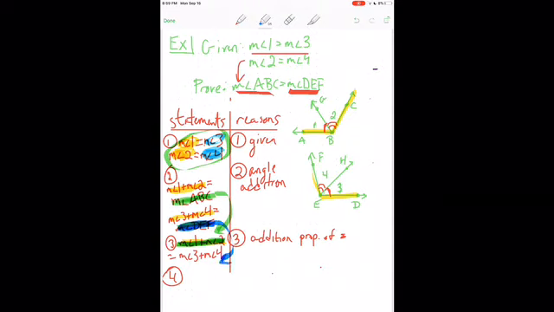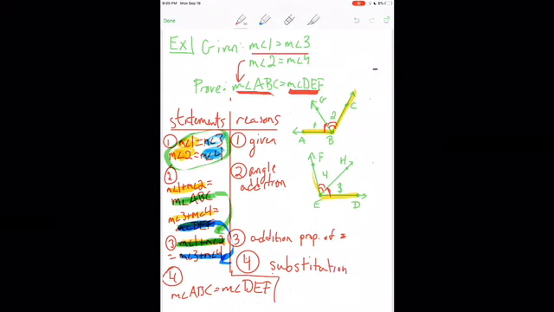I'm going to plug it right here for that. So my final step is measure angle ABC equals measure angle DEF. And I was plugging in or substituting. So that's substitution.